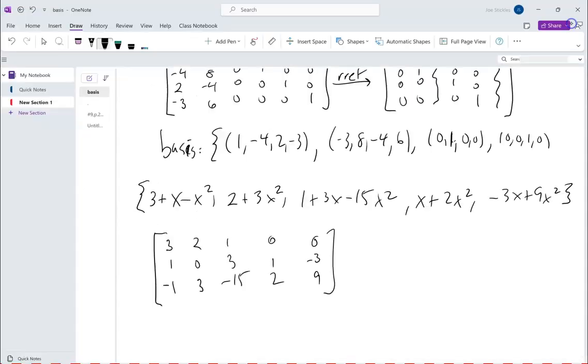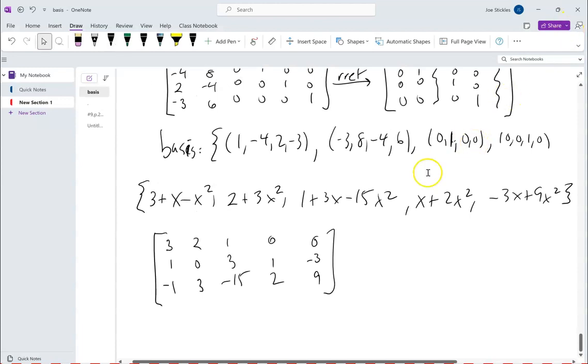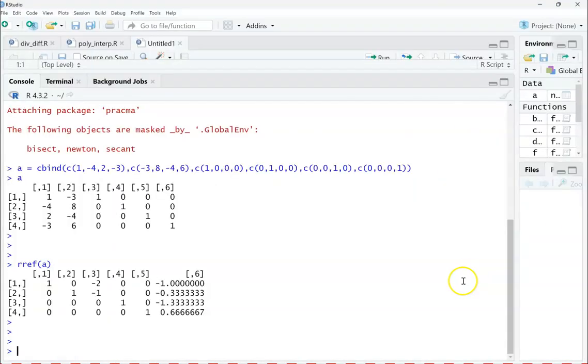So again, let me get into something that actually I can row reduce easily. So 3, 1, negative 1, 2, 0, 3, 1, 3, negative 15, 0, 1, 2, 0, negative 3, 9.